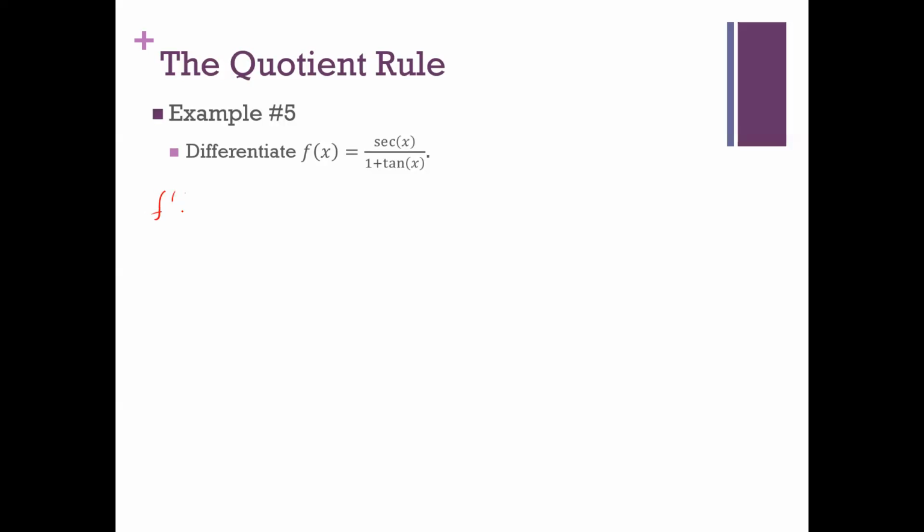How do I find this derivative? What's that first term in the numerator going to look like? Let's keep it in secant and tangent as far as we can.